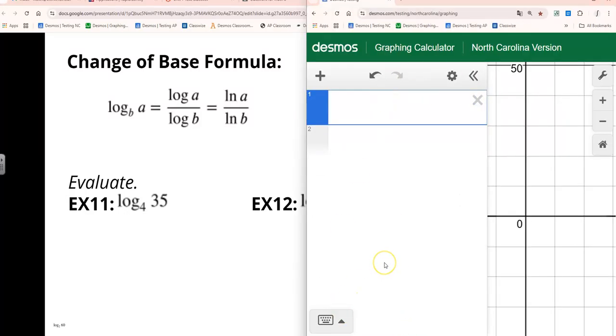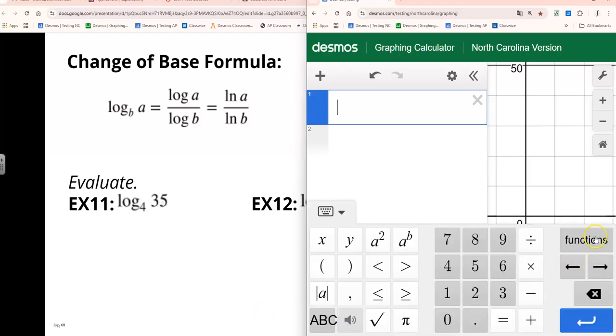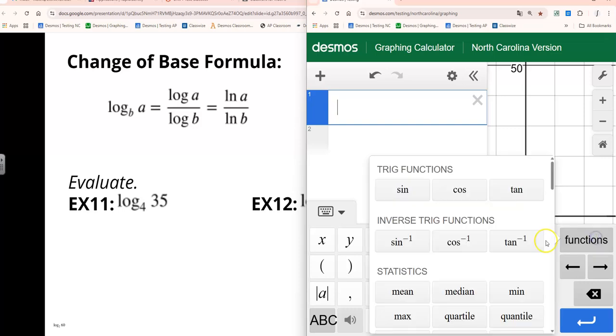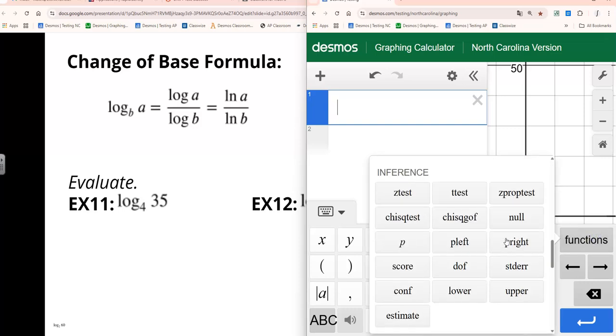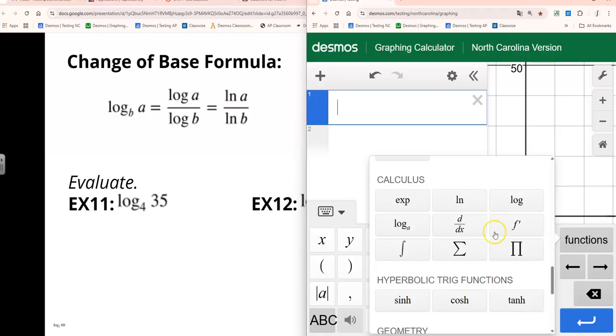So let me show you what that looks like. You've got two options for typing these into Desmos. I want you guys to try this. Actually, you got a few options. If you want to type in log base 4 of 35, option number 1, it is one of the functions over here. So if you go to functions, and I can't remember how far down it is, you'll see it's underneath calculus.